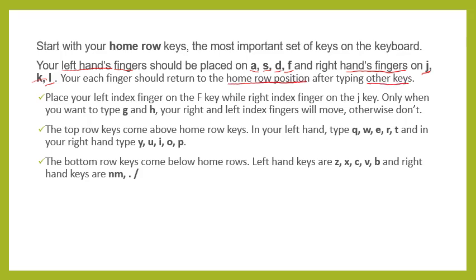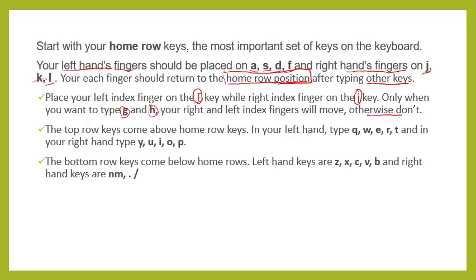I'm going to demonstrate to you what this home row position is. Place your left index finger on the F key while the right index finger is on the J key. Only when you want to type the keys G and H will your index fingers move, otherwise not.